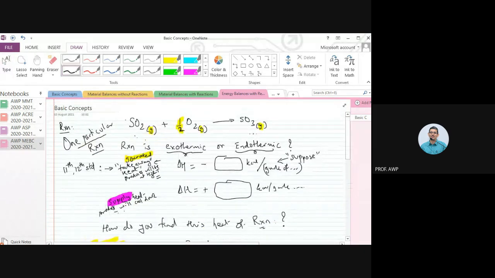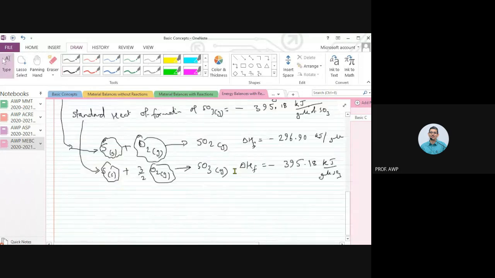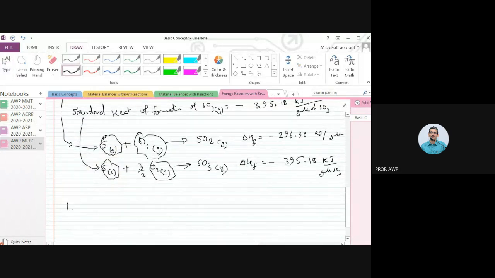So how do you find the heat of this reaction? Heat of reaction of SO2 gas plus half oxygen gas giving you SO3 gas.